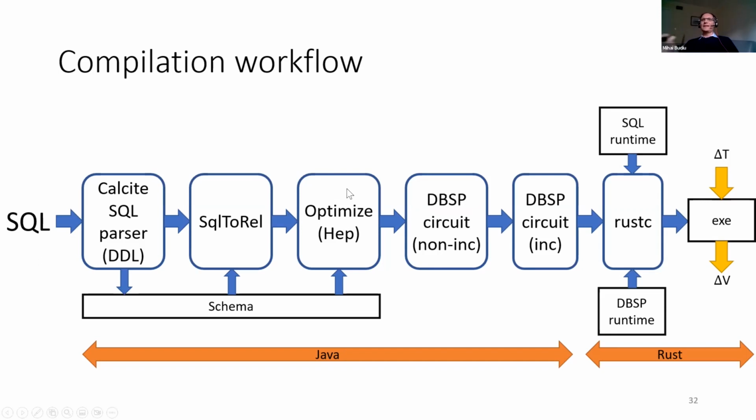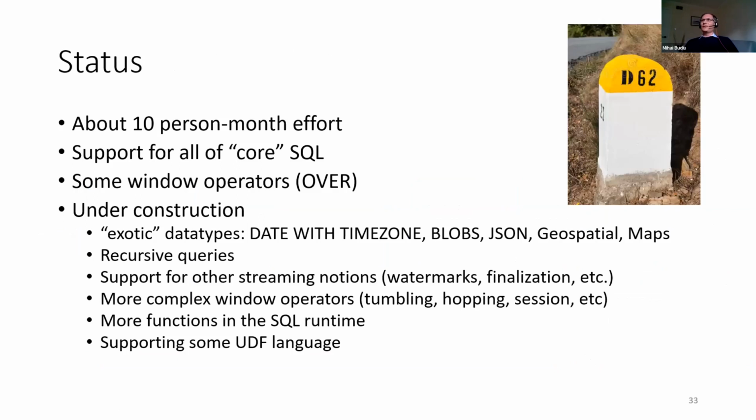And this works for any SQL query you can write in Calcite. Almost. So this took about 10 months to implement. And now is the moment to thank you guys, because it's unbelievable to think that one person could implement a full SQL compiler for incremental view maintenance in 10 months. And it's only possible because this community has built this fantastic tool, which is, by the way, really well engineered. It's a joy to work with.